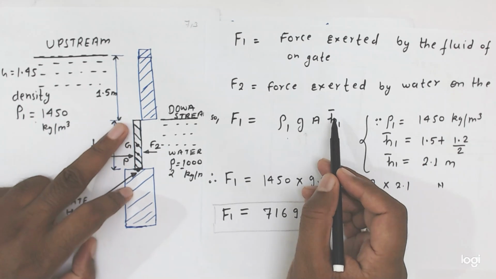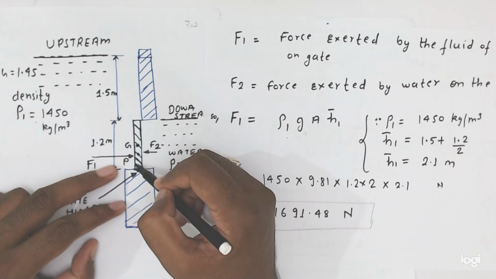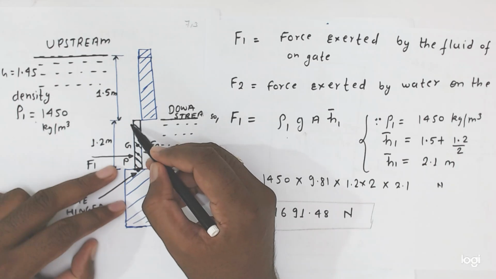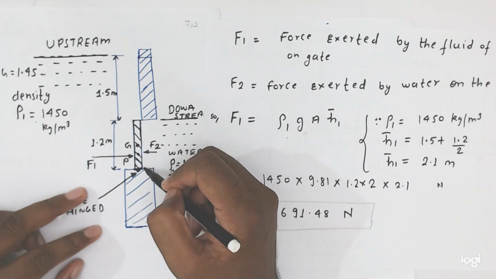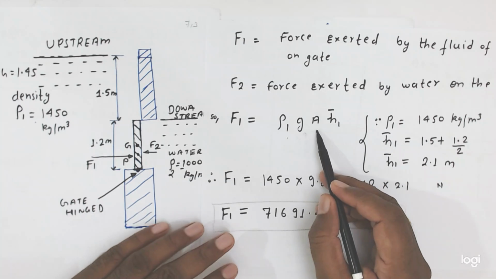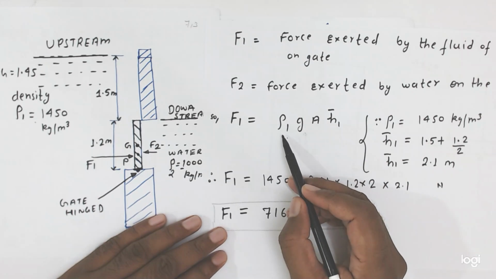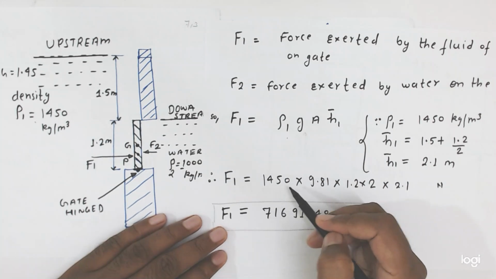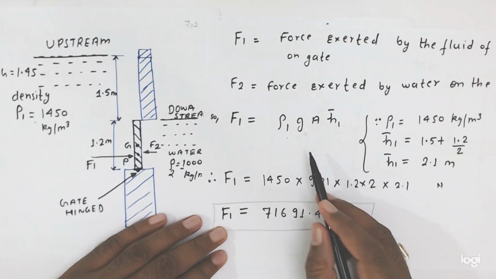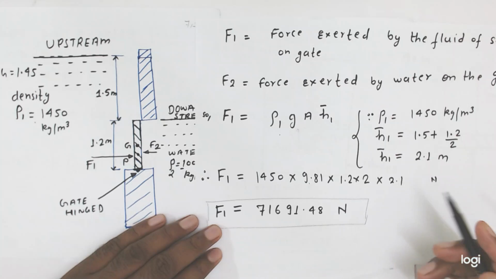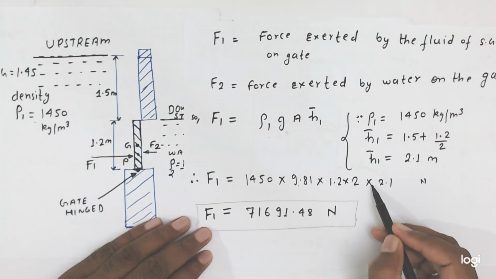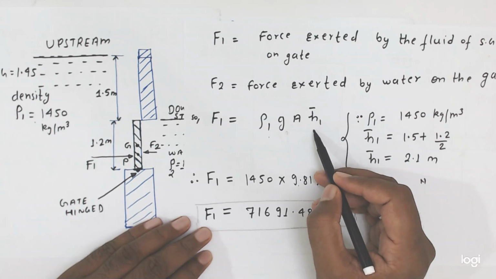A is the same because here 1.2 into 2 is the area, so in both cases the area will be the same. So this is A. ρ1 is 1450, into 9.81 the g value, into area, which is 1.2 into 2, into height H1.